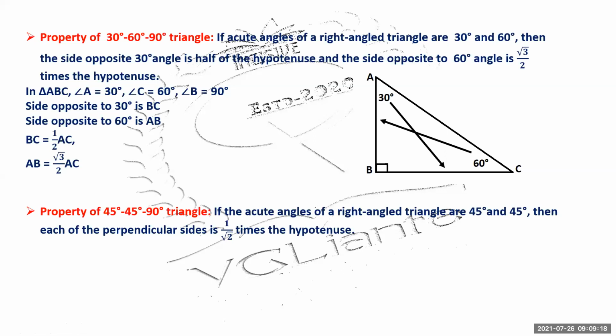Again, the word times means what? Multiplied by 1 upon root 2, understand? Multiplied by the hypotenuse. Is this clear? Now you'll look at the figure. Check. Now if you consider triangle ABC, angle A equals 45, angle C equals 45, and angle B equals 90.